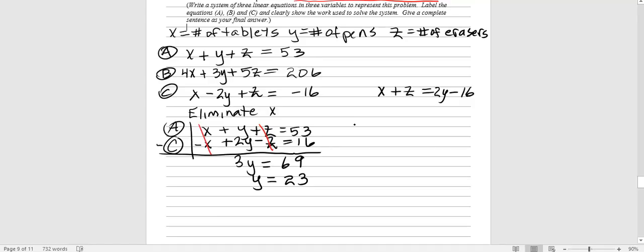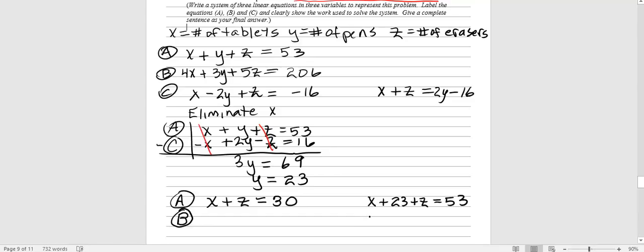So I'm going to choose to use A and B. Since I've already used A and C, I've got to bring B into my work. So what I'm going to do is replace y with 23. Now equation A becomes x plus 23 plus z equals 53. If I subtract 23 from both sides, I get x plus z equals 30.